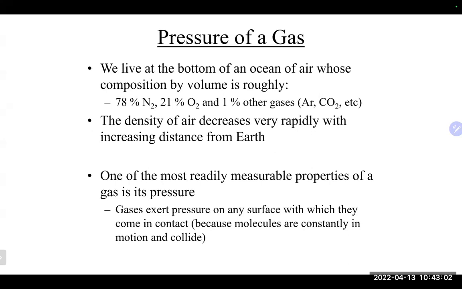One of the measurable properties of a gas, like I said, is its pressure, and it is related to the collisions that occur between, in most cases, the gas molecules and the sides of the container, as they're moving around and banging into that container.